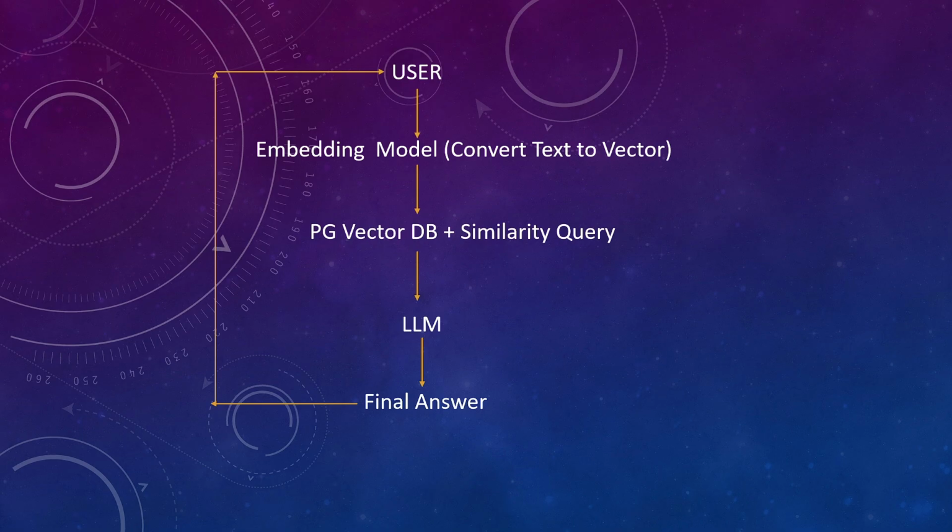Because if we send back the vector answer, we won't understand it, and we'll think the model is not working properly. So we'll send back the final answer through the LLM in natural language to the user. Without wasting much time, let's hop on to the practicals where we'll implement this using Llama and Spring Boot.